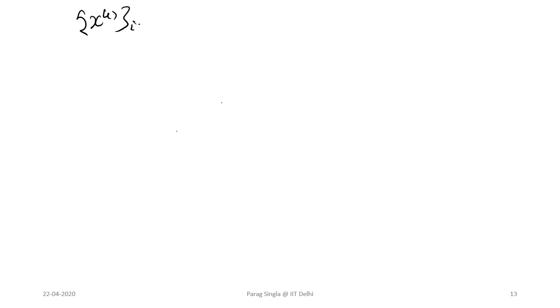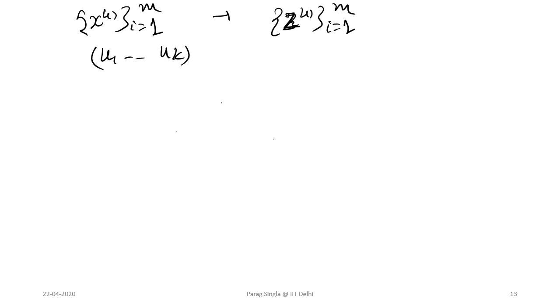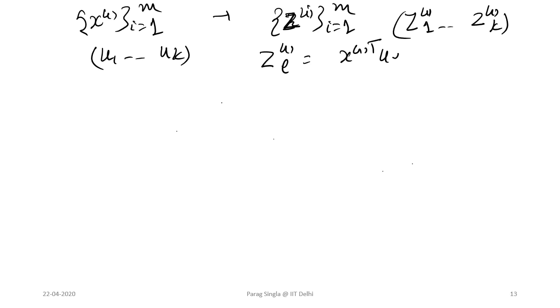After we have transformed this data to unit variance and zero mean, so this is your normalized data, then let's say you want to project it onto these z_i's, where i equal to 1 to m, and the projection dimensions are, let's say, u_1 to u_k. Each z_i can be represented as the vector z_i1 up to z_ik, where each z_il is nothing but the projection of x_i onto u_l.